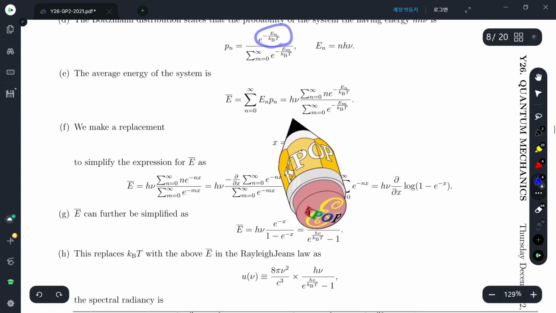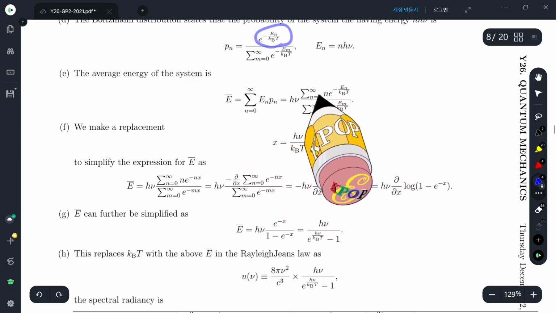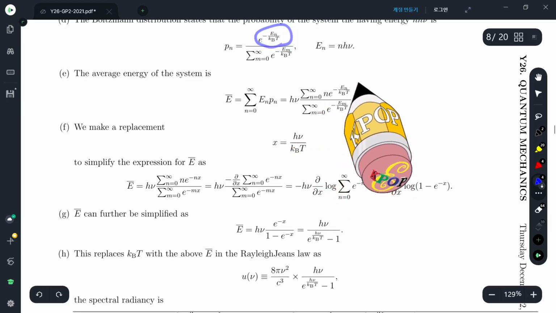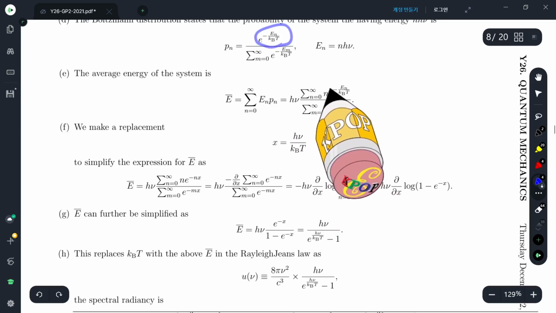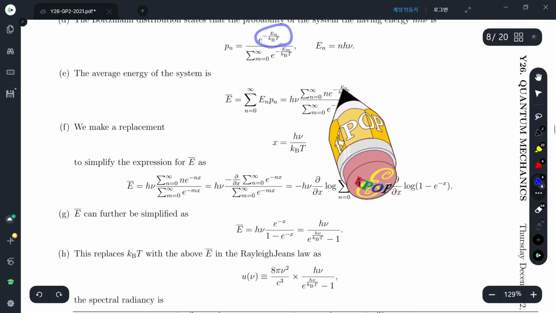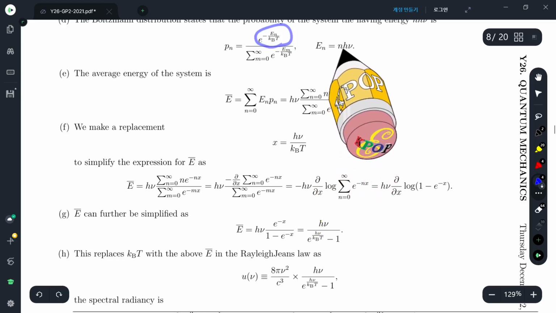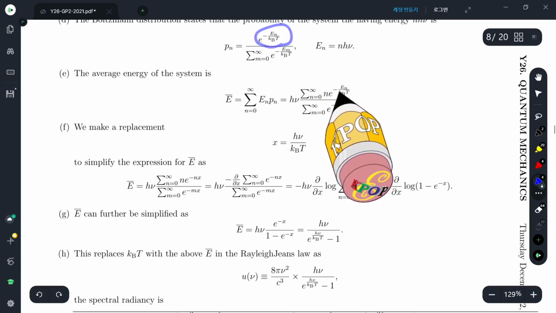So using this expression, we sum over n, and the denominator and numerator are both very similar except that we have a factor of n in the numerator. Because energy is a multiple of h nu, there's an n factor in the exponential hidden in here.